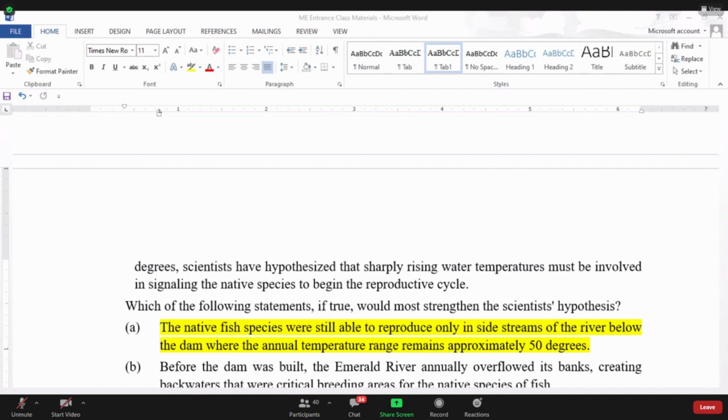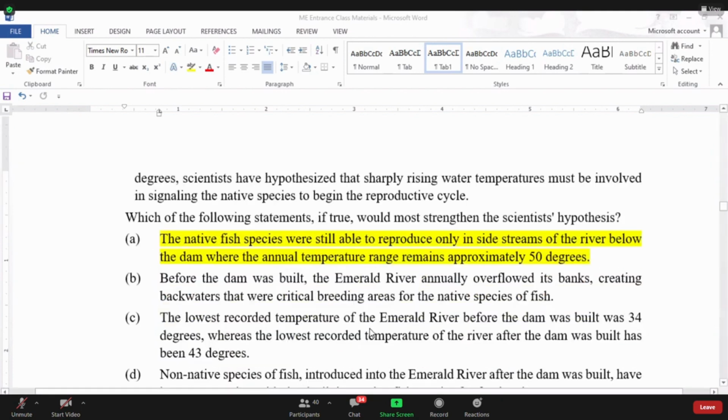Because below the dam it is only 6 degrees, and away from the dam it is still 50 degrees. The native fish species were able to reproduce there. So this indicates that only in a high water temperature can the fish species reproduce. Yes, option A.